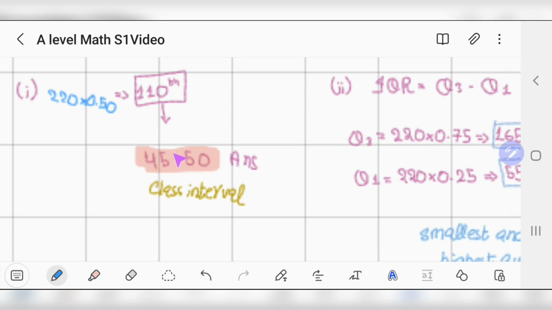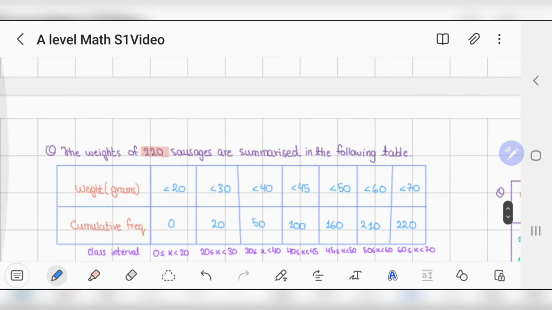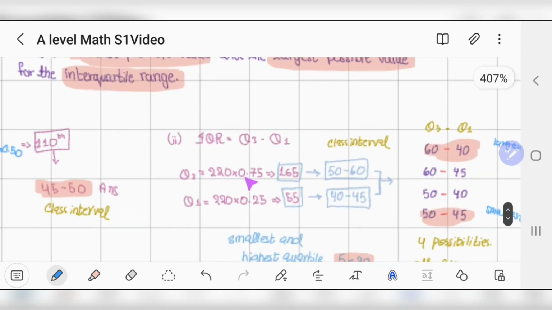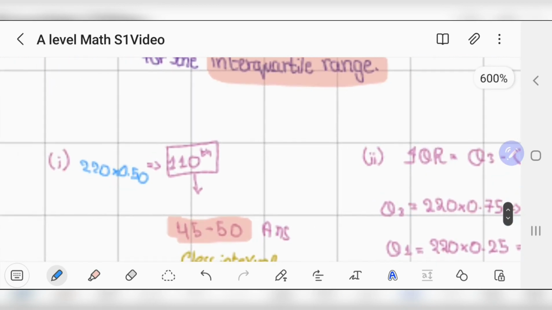Whenever we have these kinds of questions with class intervals, and they ask us what the median is, we will always try to multiply the total by 0.50 in order to find the median, Q2. As for Q3 and Q1, multiply by 0.75 or 0.25. Okay, so 230 multiply 0.50.